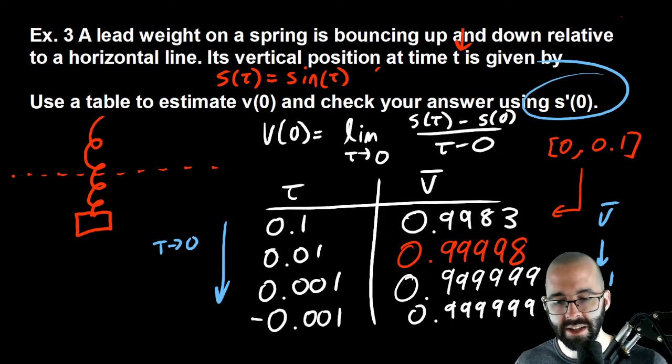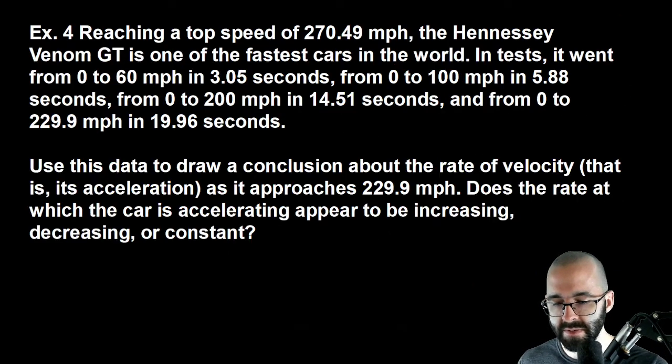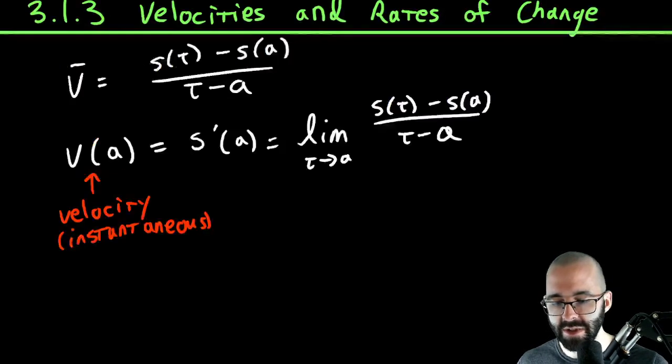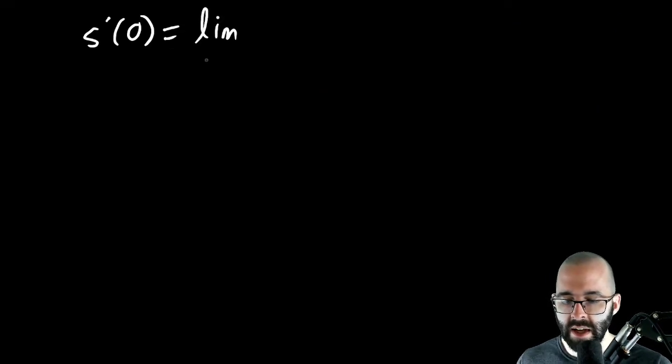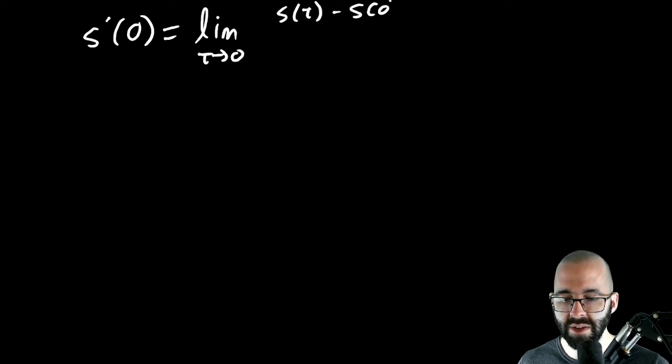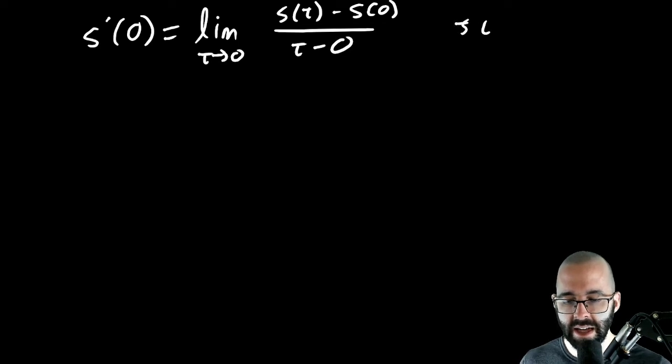Let's check our answer using the definition of S prime. Oops, I need another page. So S prime at 0, using the definition that we introduced over here. A is 0 here. S prime of 0 is the limit as t approaches 0 of S of t minus S of 0 divided by t minus 0, and again, S of t is equal to sine t.